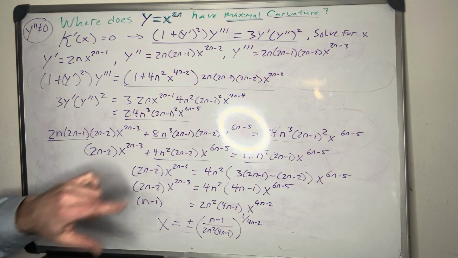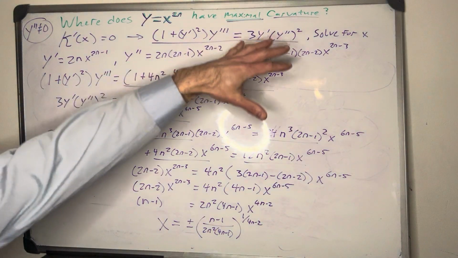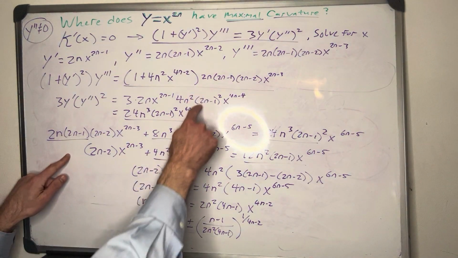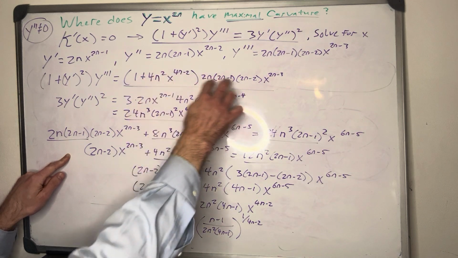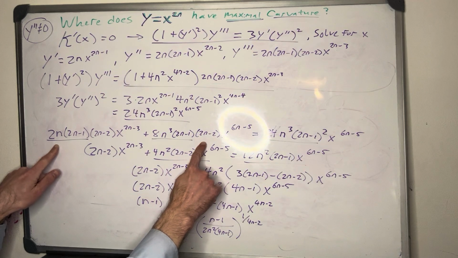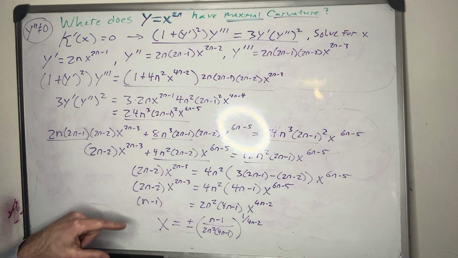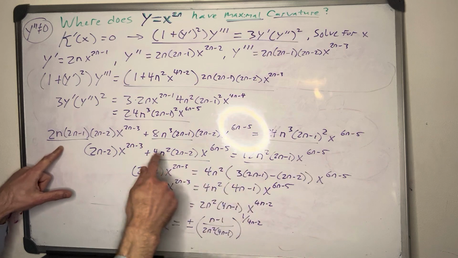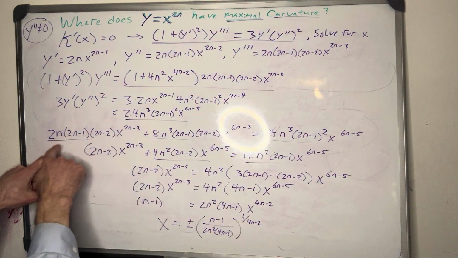So we get those two, and these two have to be equal, and then we have to figure out what x value makes that true. We set these two equal, and I distributed this through. So we get this here, and that's equal to this, so I put that on that side. One nice thing that we can simplify is that we have this 2n minus 1 in each factor, so I divided by it.